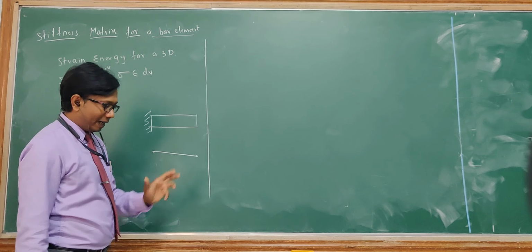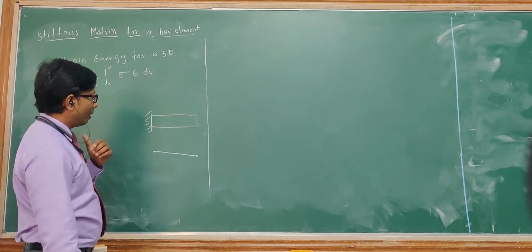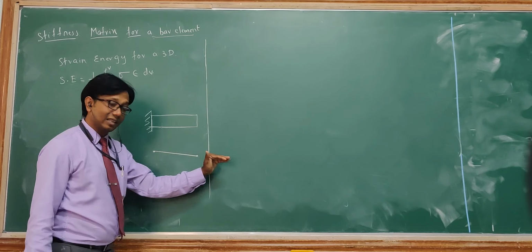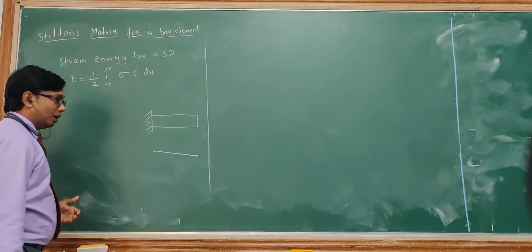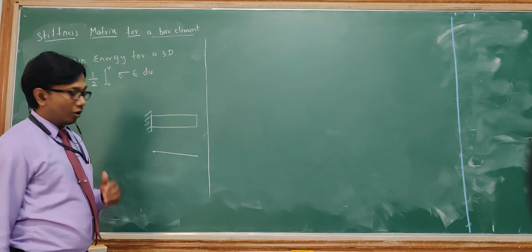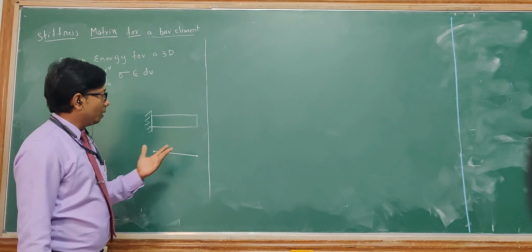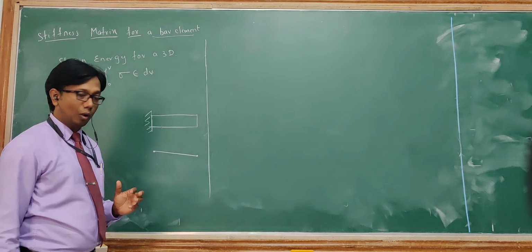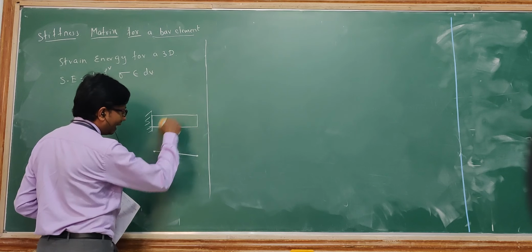Practically it doesn't happen, but for a 1D analysis where I'm very much interested along the x-axis, along the length axis, I'll assume that the area is constant. For that case only, FEM is an approximate solution. I'm assuming it to try to solve the problem. So when I am assuming a line element, the area remains constant.